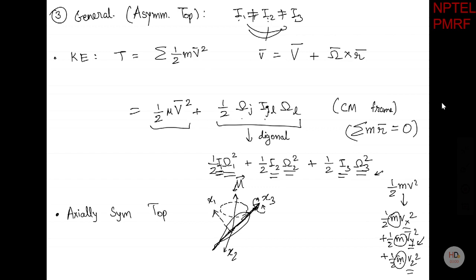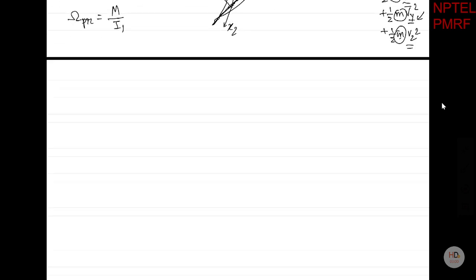This is called precessing or precession motion. We showed that the rotation speed of precession, omega pr, is simply M divided by I1.